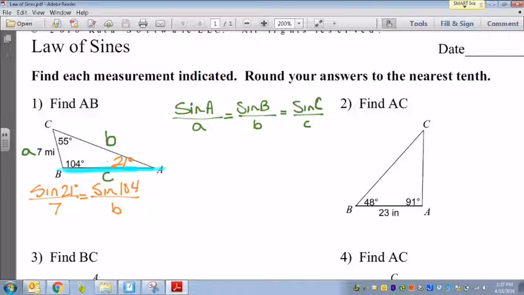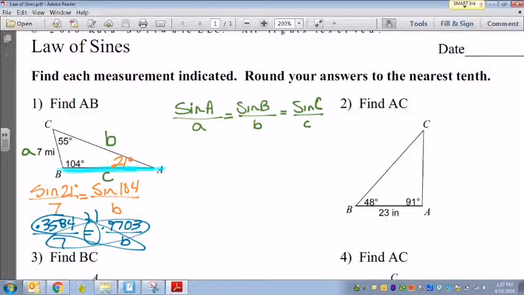So, sine of 21 degrees, making sure my calculator's in degrees, I have 0.3584 if I round, over 7, equals sine of 104, which is 0.9703 over b. And then to solve, I cross multiply. So I get 0.3584b equals 0.9703 times 7, which gives me 6.7921.